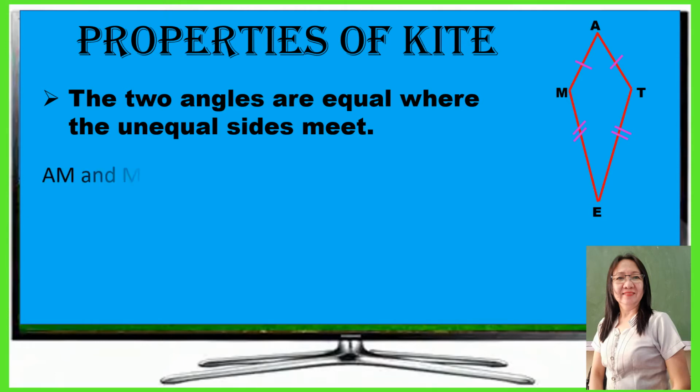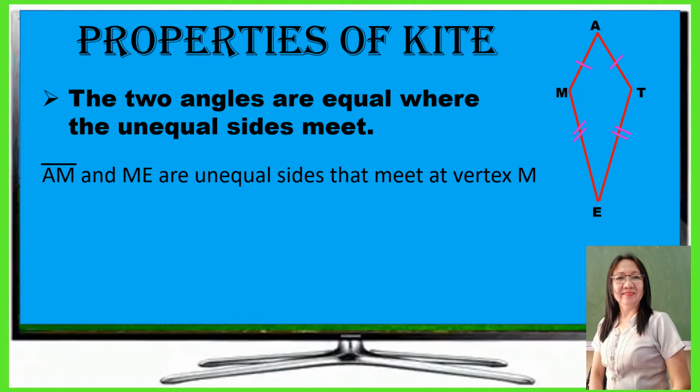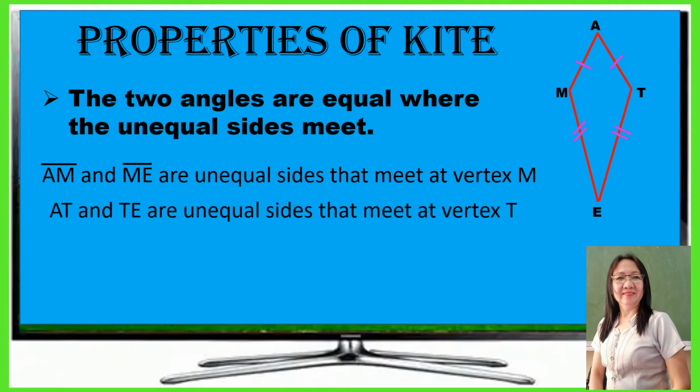Now sides AM and ME are unequal sides that meet at vertex M. The same on this side, where AT and TE are the unequal sides that meet at vertex T. Therefore, angle AME is congruent to angle ATE.